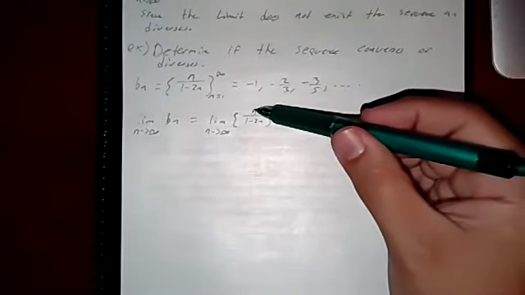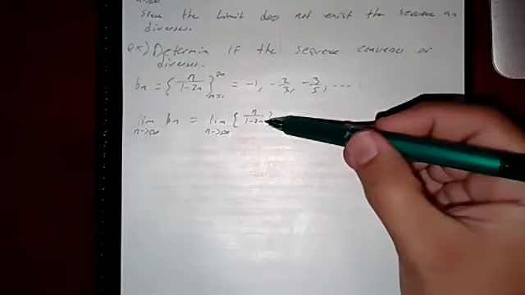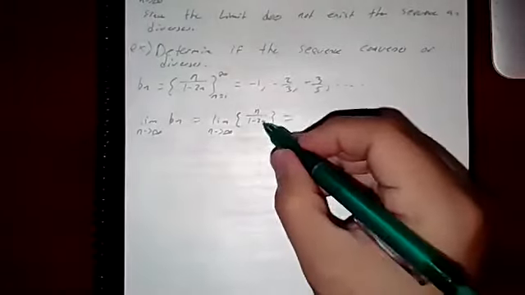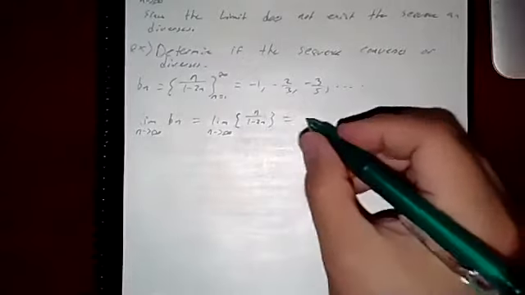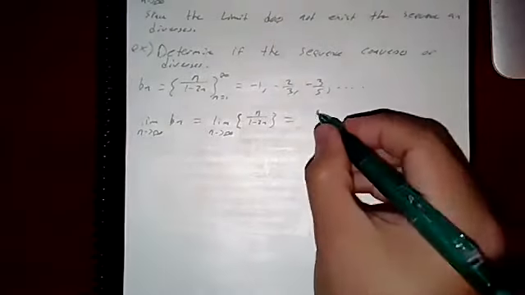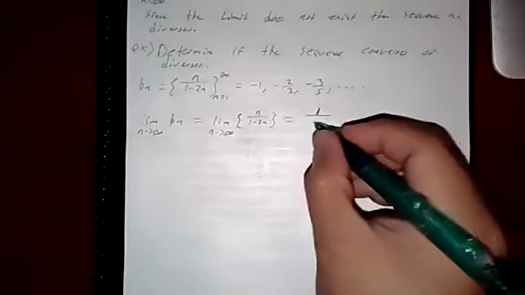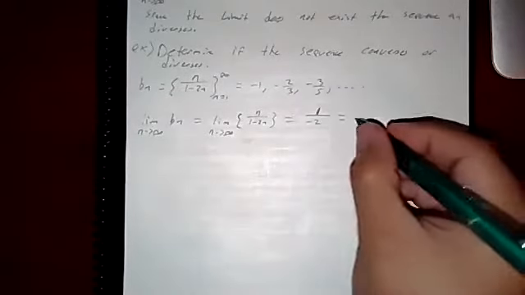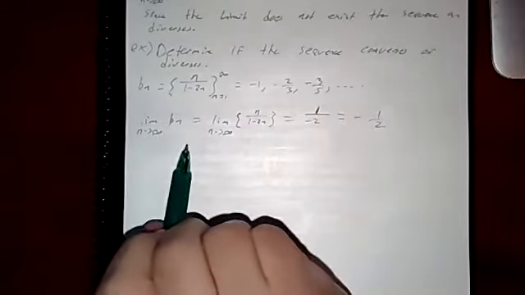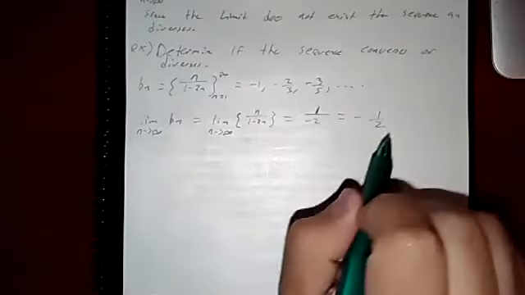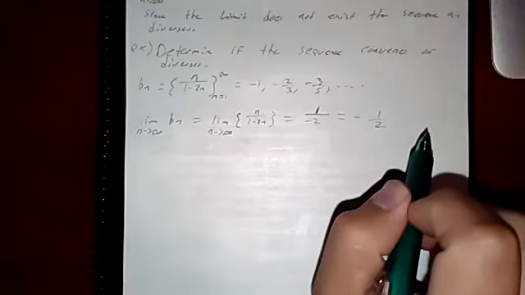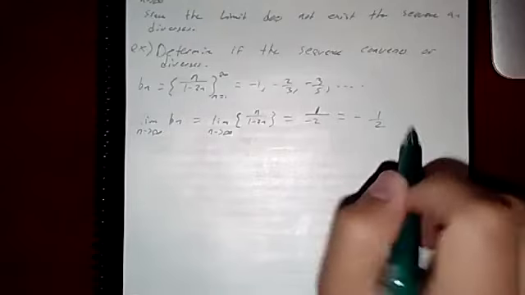So you see how this is degree 1, this is degree 1, right? When they are the same, you take the coefficient of the highest power. The coefficient of the top is a 1, and the coefficient of the highest power in the bottom is a -2. So the limit is a finite number, -1/2. Therefore, b sub n converges.